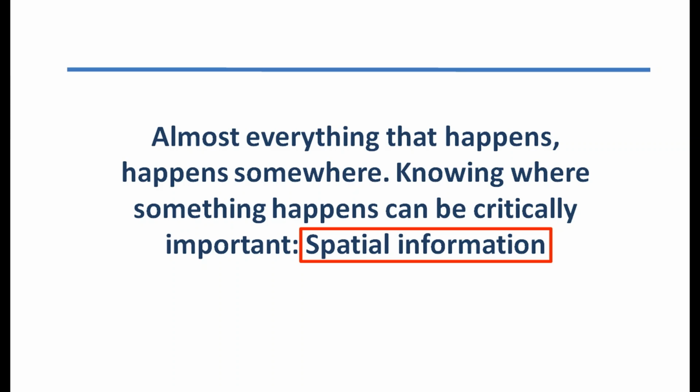So you can see that I have highlighted this word, spatial information. So this is what spatial information is all about, where you are gathering information about any object through its location, and that's location specific information you are talking about. So that is spatial information.